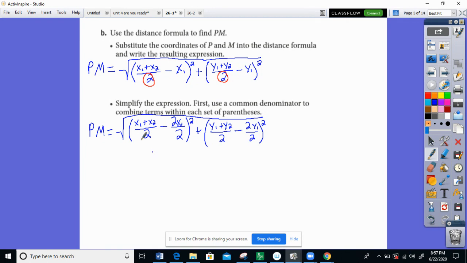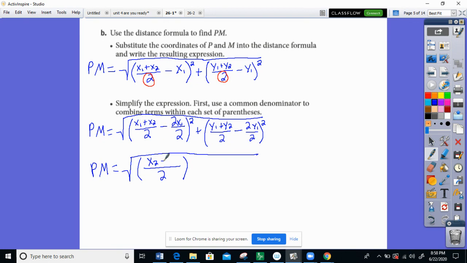Now, since both of these terms inside this first set of parentheses have a denominator of 2, we can go ahead and combine the like terms into a single fraction with a denominator of 2. When we do that, this is going to give us positive x2, and we have x1 minus 2x1.